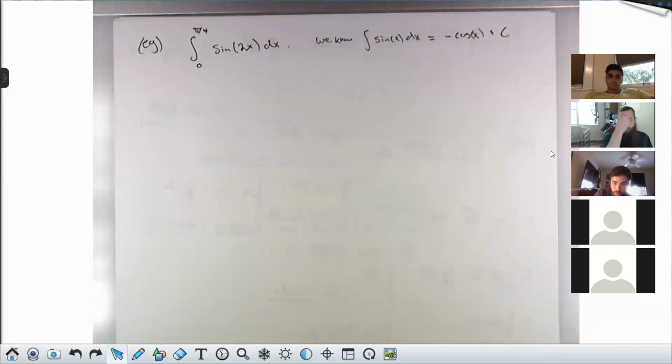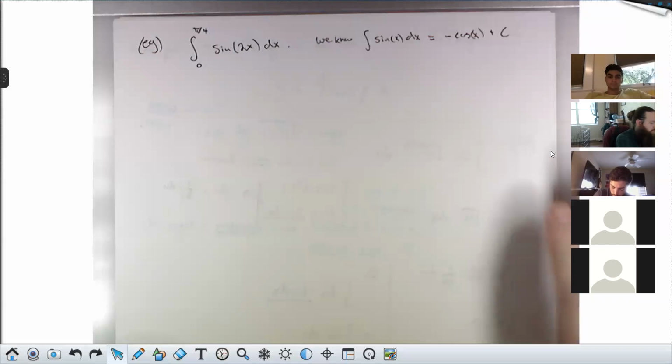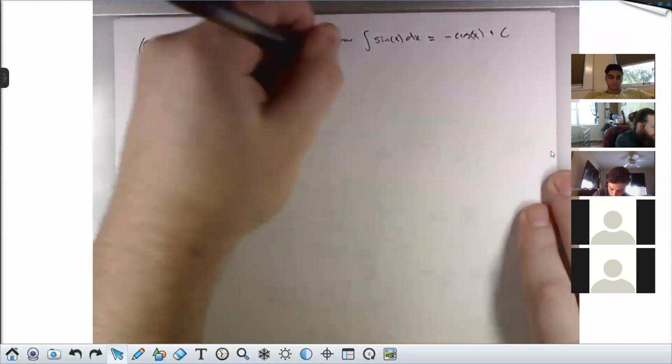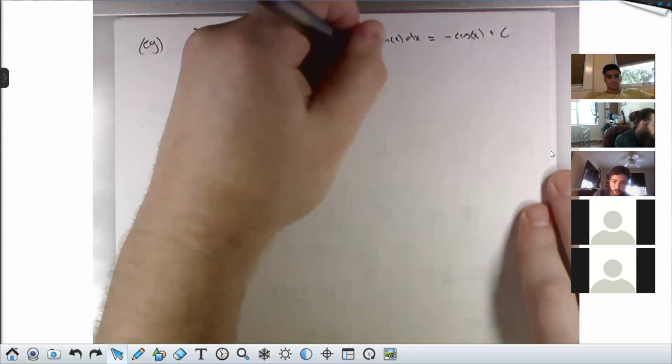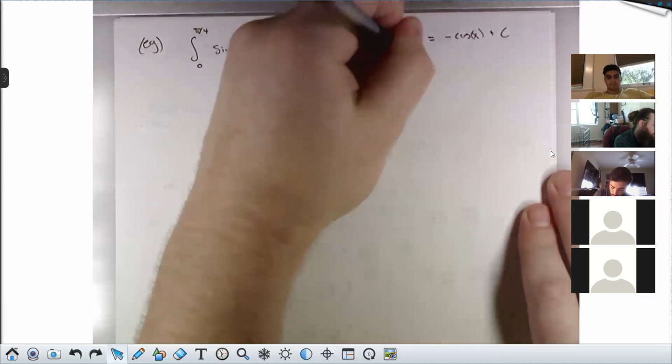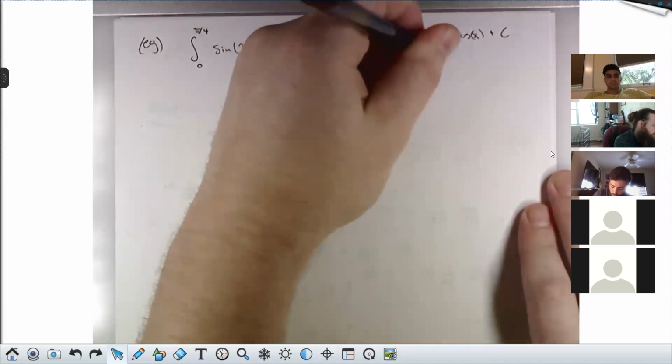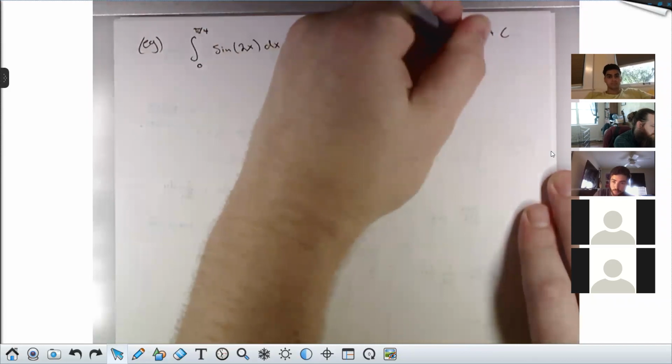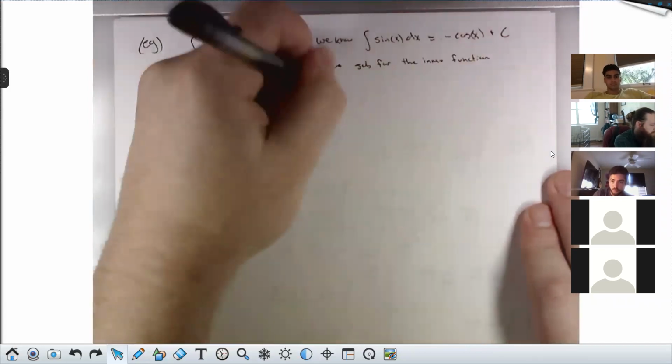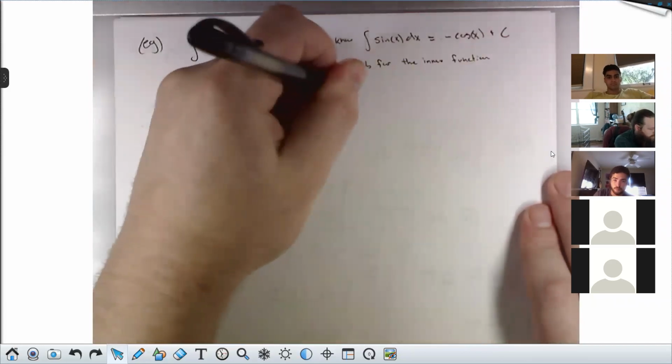But I don't know what to do with the 2x, at least not right away. But following the thing that we said earlier, sub for the inside function, right? Substitute for the inner function. Which here means making the substitution u equals 2x.